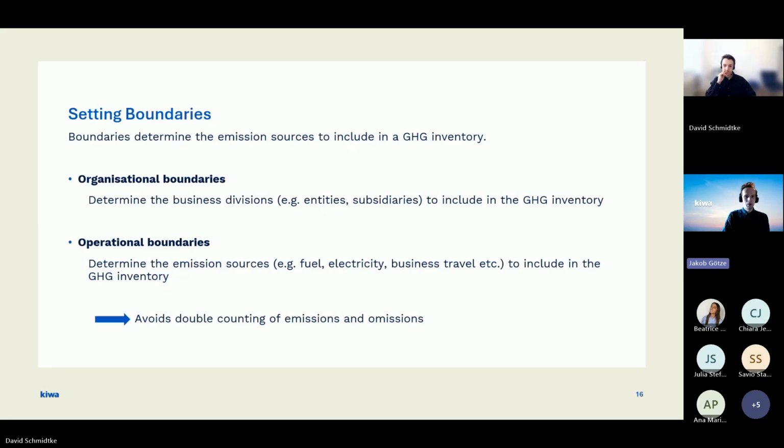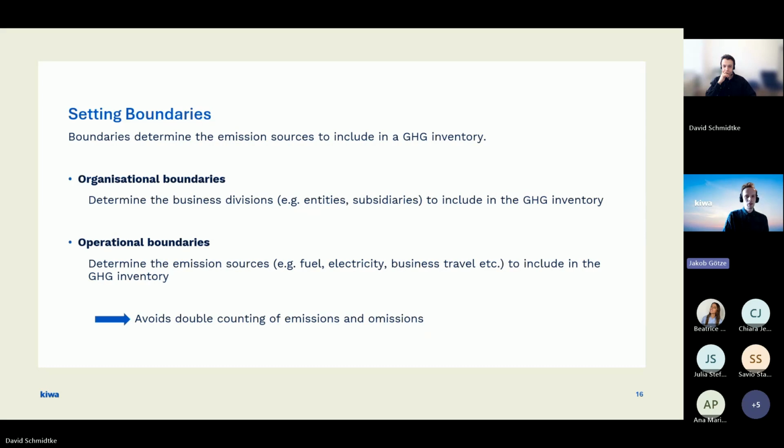And both organizational boundaries and operational boundaries are then assessed based on the reporting period. Organizational boundaries determine which entities, so which sites or subsidiaries, to include in the corporate carbon footprint study. And then the operational boundaries define which emission sources to consider.